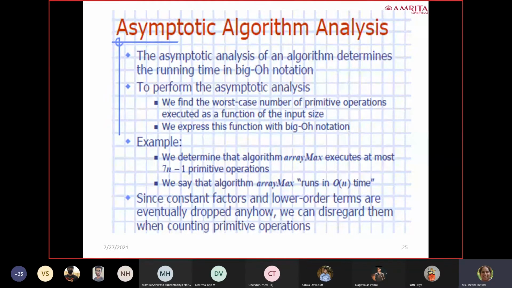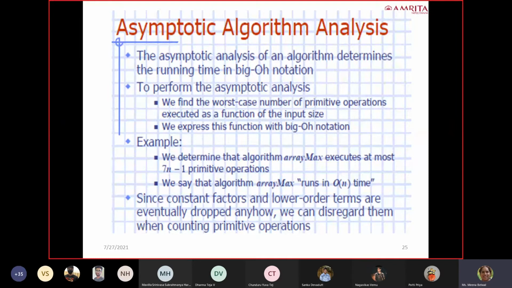In the first example, we did arrayMax, and I asked you to count all the primitive operations, and then we calculated the performance of the algorithm in terms of big O. But then we learned that we can ignore the lower order terms and the constant factors, so we can disregard them when counting the primitive operations.